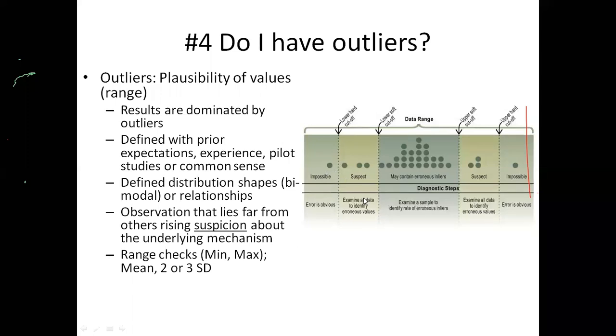So for each of those you have a step involved. If it is above the hard cut point, then it's obviously an error. But if it is beyond a soft cut point, then you try to see what could be the reasons, and you examine and identify the values that lie outside those boundary ranges.